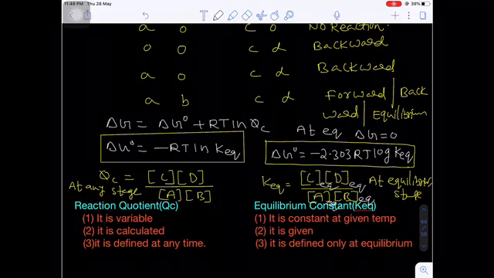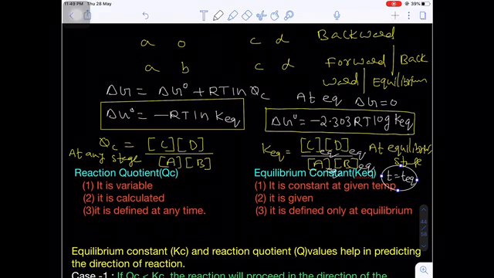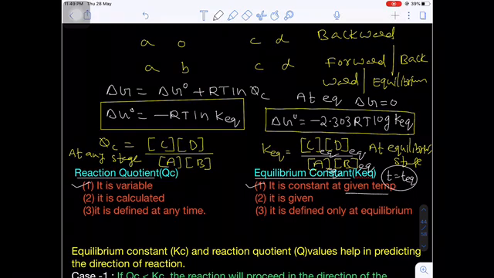Are you getting my point? Now here the time is nothing but the equilibrium time interval. Other than the equilibrium time, this is the reaction coefficient. Now the basic difference between the reaction coefficient and the equilibrium constant: the reaction coefficient is a variable value, but the equilibrium constant is constant at a particular given temperature.